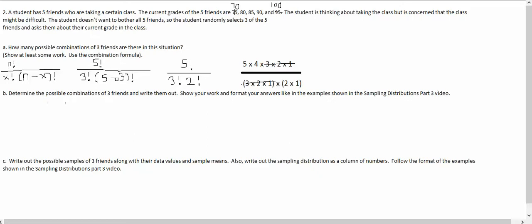We plug these numbers in. 5 minus 3 is 2, and I worked out a little bit more of it for you right here, but just finish the work that I didn't complete, and you should end up seeing that there are 10 combinations. And remember that you can't cancel a number more than once.